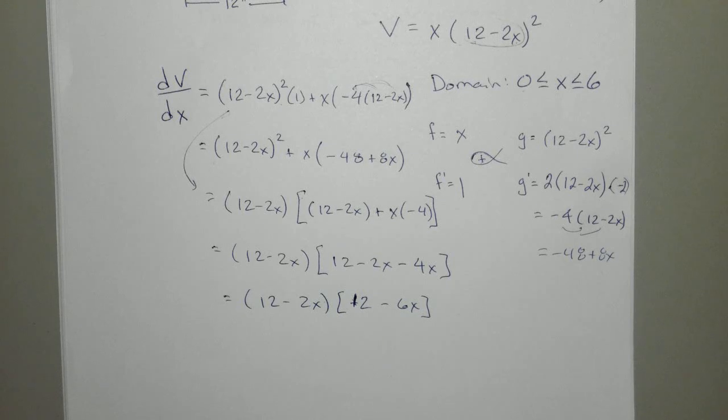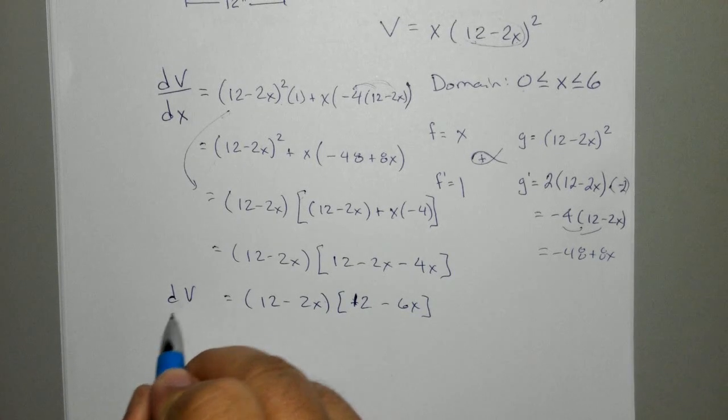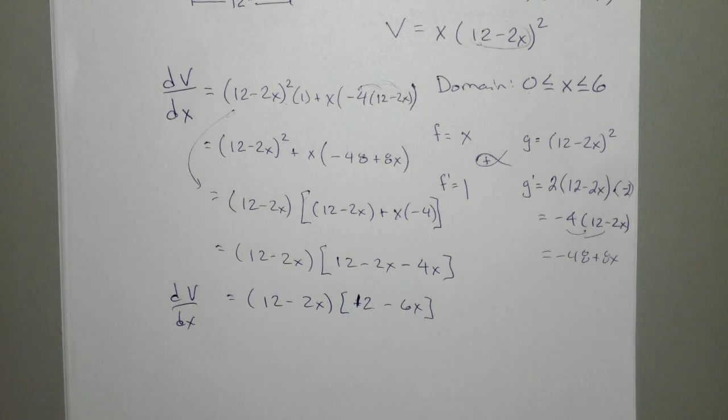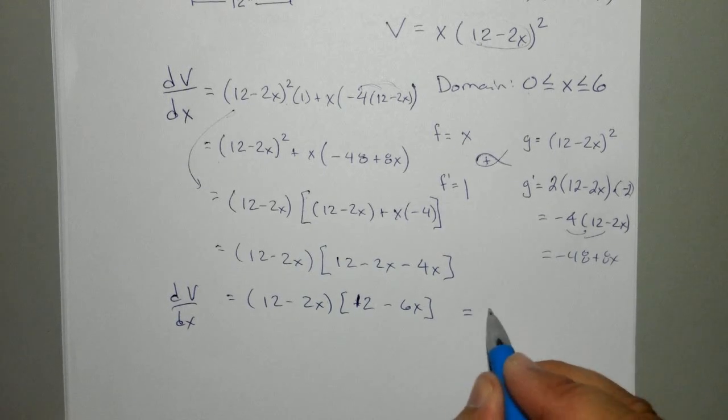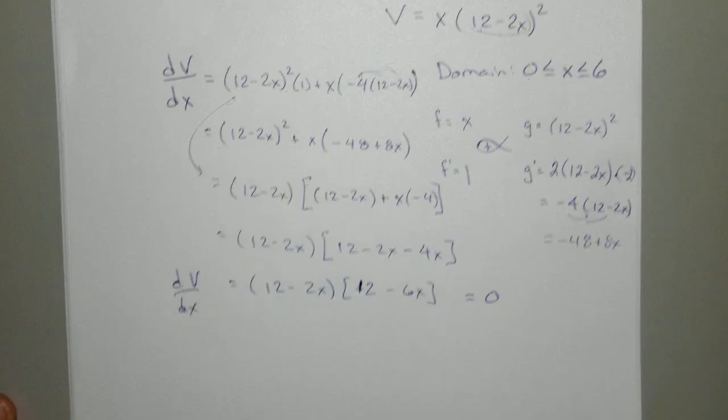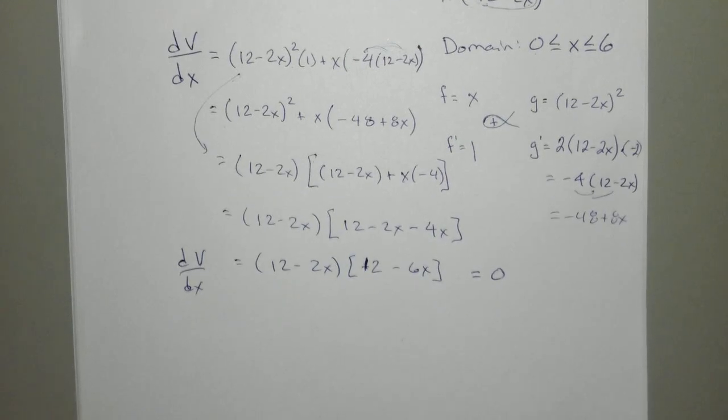Now what are you going to do? This is our dV/dx. Very good. Because the function has to be set equal to 0 to find an optimization, a maximum or minimum.